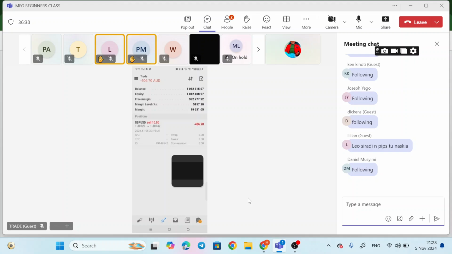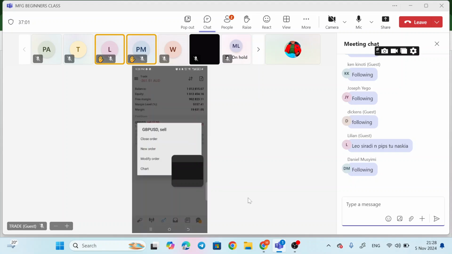The take profit, what I'm targeting as profit, is dash. That means I have not set where I want to exit the market, and I have not set what I'm willing to lose in case the market goes against me. So what do I do? Once you have your stop loss and you have your take profit, just come and long press that trade, then click modify order.